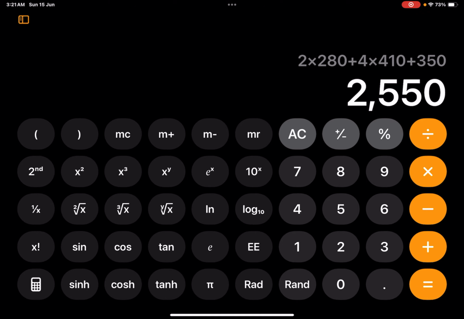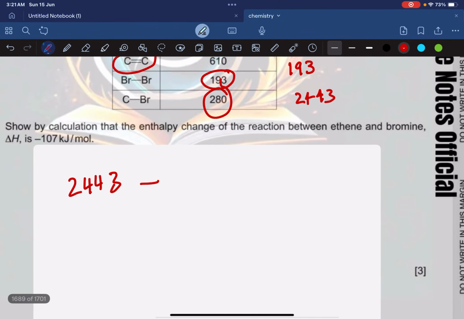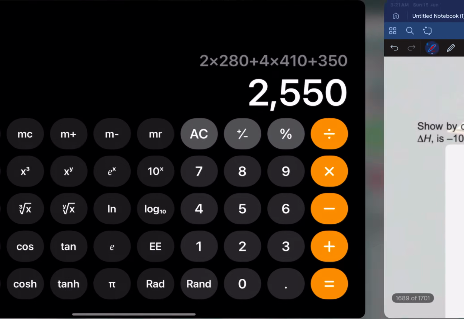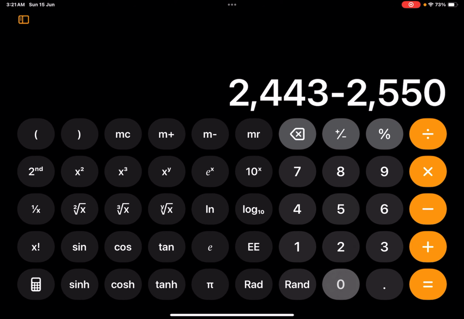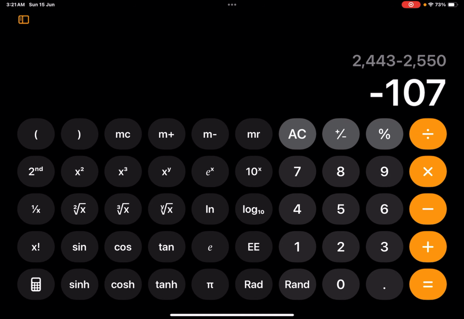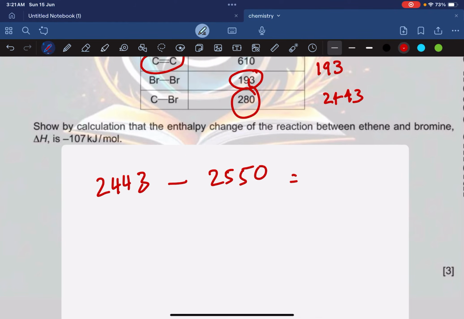So 2550, so it's minus 2550. That is all the energy that's given out when bonds are formed. So 2443 minus 2550 gives me a negative 107, and that's the answer that I got.